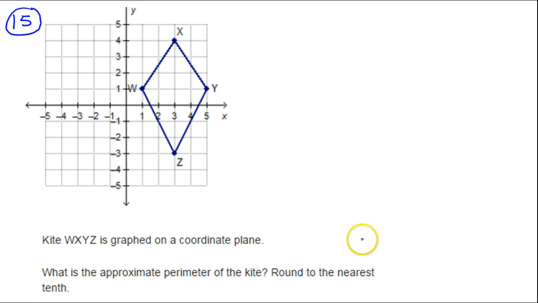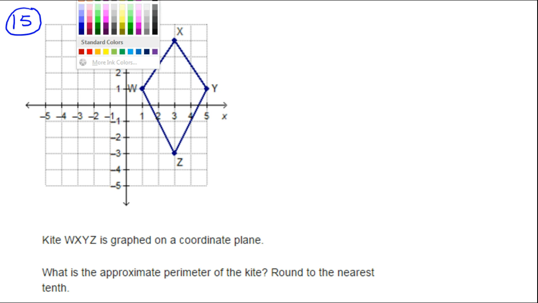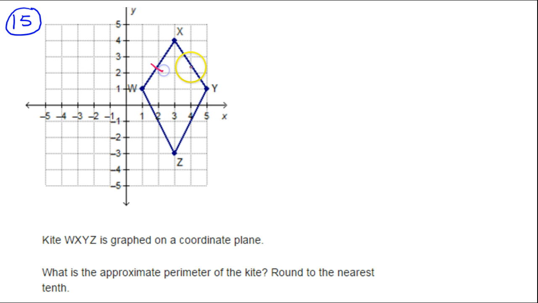Okay, this will be the last problem for this video. We're told that we have a kite, and we're supposed to find the perimeter of the kite. So we need all 4 lengths. It will be useful to keep in mind that because it's a kite, these 2 sides will be the same, and these 2 sides will be the same.